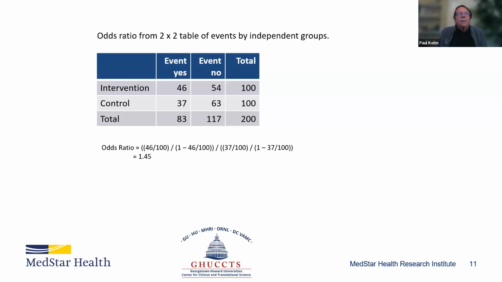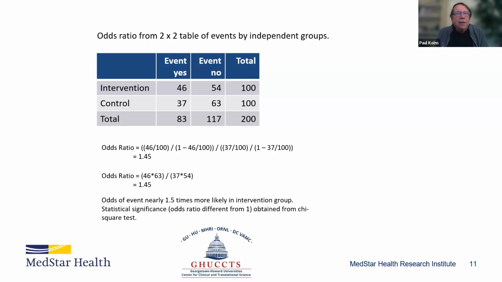So in a 2x2 table, we can simplify this. And so we can calculate the odds ratio just by taking the ratio of the diagonal elements. So for the intervention, it's 46 times 63 divided by 37 times 54, and we get the same odds ratio, 1.45.